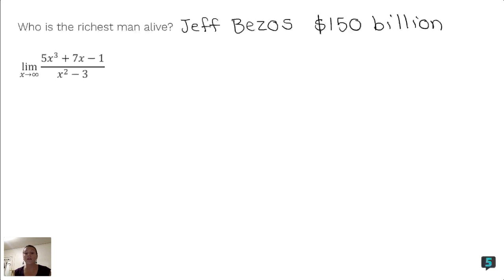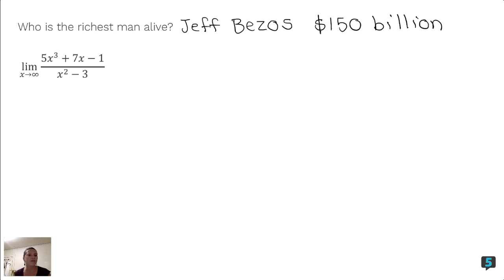At some point, those numbers are going to become so large that the smaller ones just don't seem to matter as much. A dollar or two is going to seem like nothing to Jeff Bezos. So let's look at that now in terms of relationships when we have limits that go to infinity.